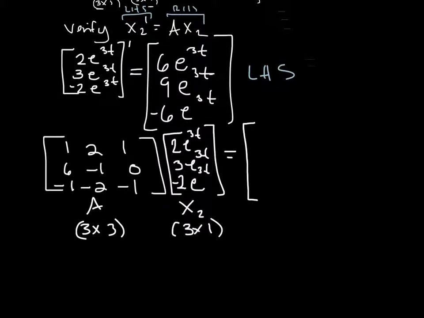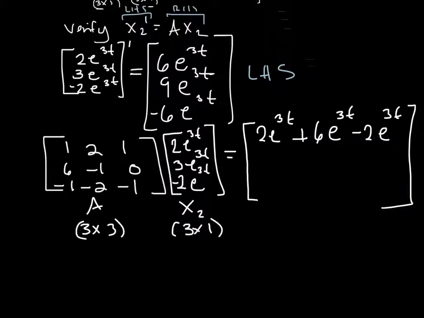Okay, so let's multiply this guy out. So this is going to be 2e to the 3t plus 6e to the 3t minus 2e to the 3t. And we can even check here. Is that going to give us 6e to the 3t? And yeah, these guys are gone. So we do get that, that's the first row.